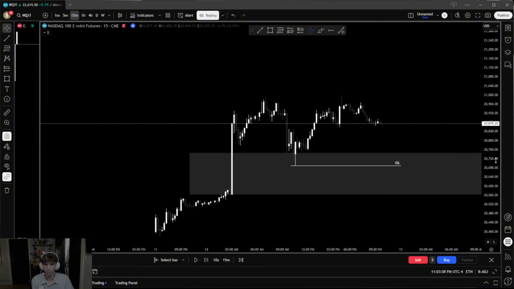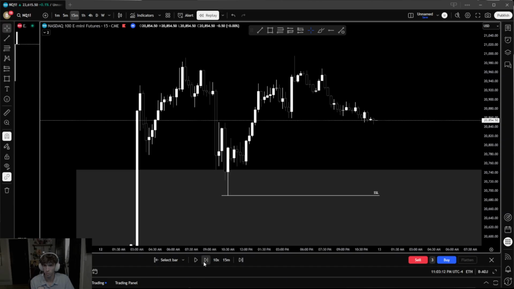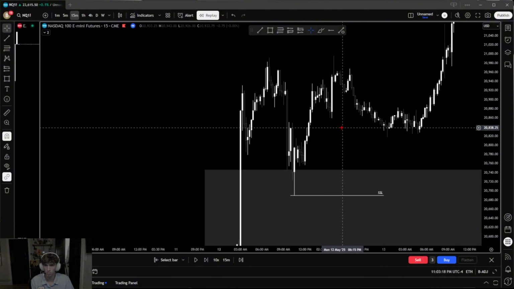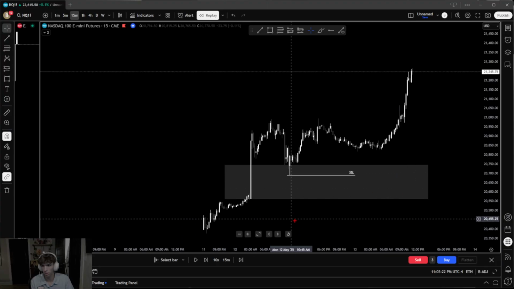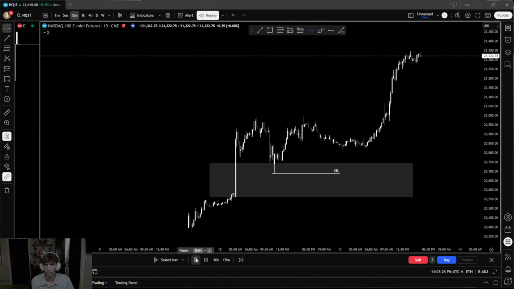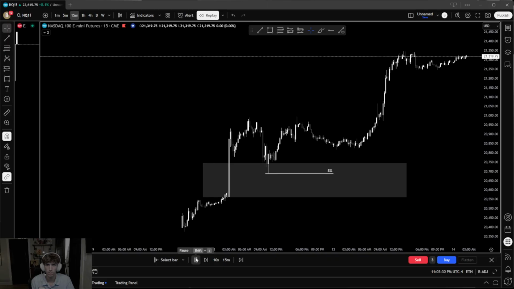Zooming in a bit more to the 15 minute. We'll see what price wants to do here. We just have a big move following my bias. I wanted to see market go up. It went up completely without me.